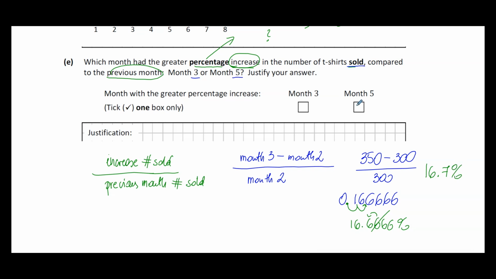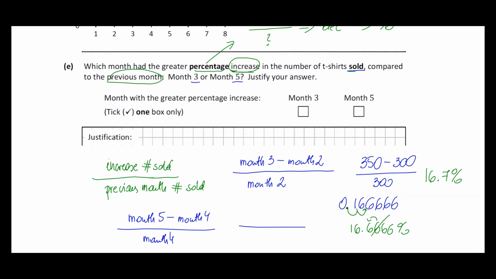Now let's look at month 5. So in month 5, we are saying month 5 minus the previous month, which will be month 4, and then divided by previous month, which is month 4. So let's see what are the numbers for month 5 and 4.